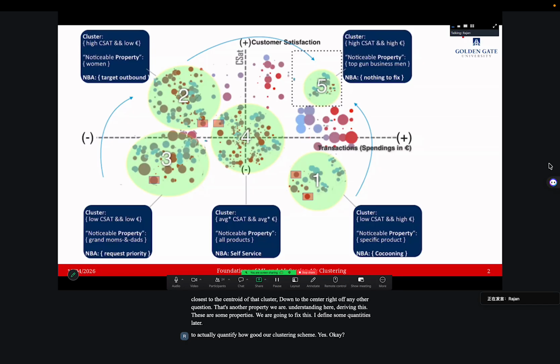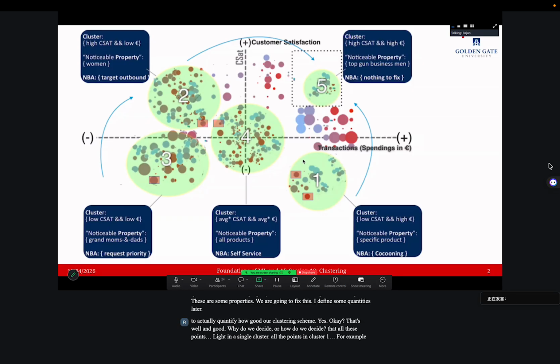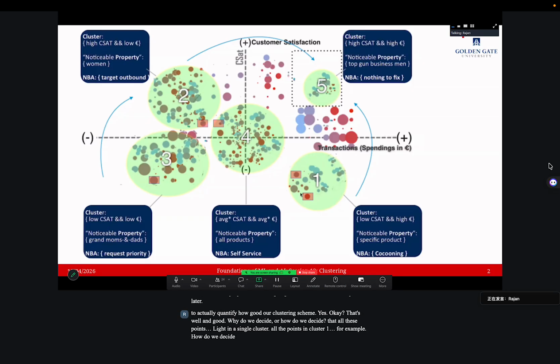Okay, that's well and good. Why do we decide, or how do we decide, that all these points lie in a single cluster? Okay, all the points in cluster 1, for example, how do we decide that all these points lie in cluster 1?